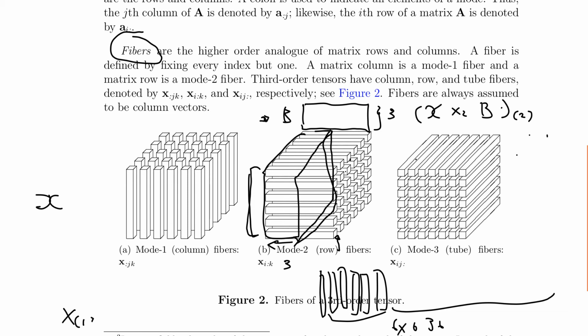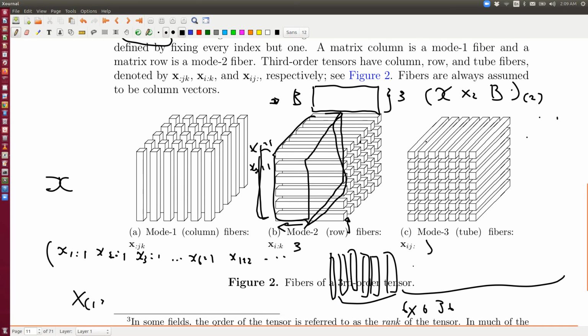If I do the mode 2 matricization, I will have a matrix where the columns are the fibers: X1 colon 1, X2 colon 1, X3 colon 1, up to X6 colon 1, and then X1 colon 2, and so on and so forth.